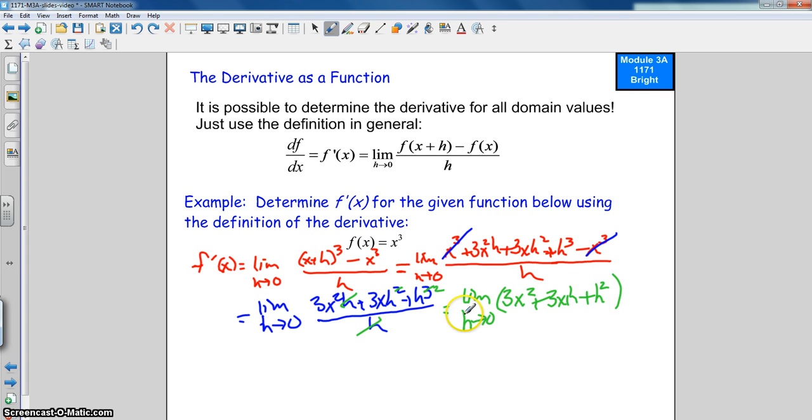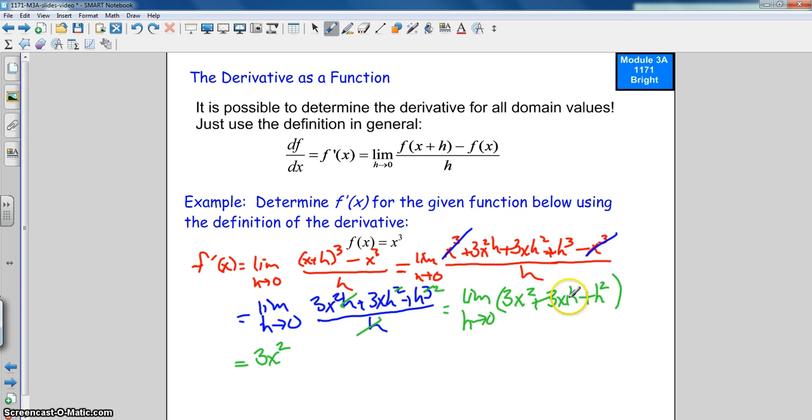Okay, and now remember, if I have a limit where it is continuous, I can use the direct substitution property. So this is continuous everywhere because it's just a polynomial in more than one variable, but it's still a polynomial. So this is just going to equal, well, 3x squared. That doesn't change when I substitute in 0.